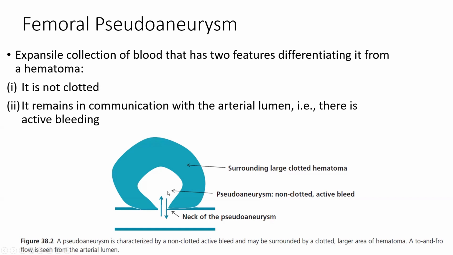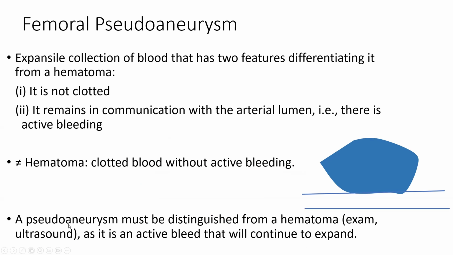In a pseudoaneurysm, there is to-and-fro flow with the artery. The artery pumps into the pseudoaneurysm in systole, and there is backward blood flow in diastole. So it's an up and down flow between the artery and the pseudoaneurysm.